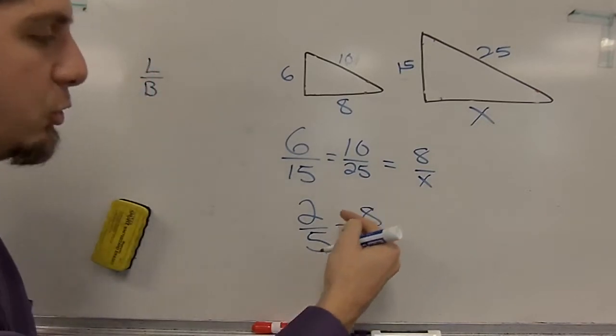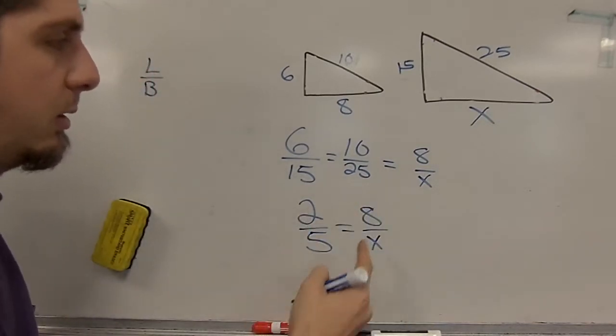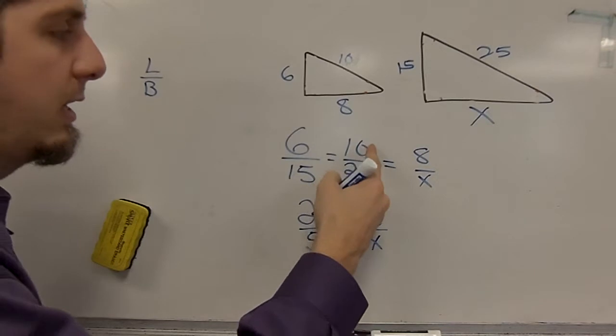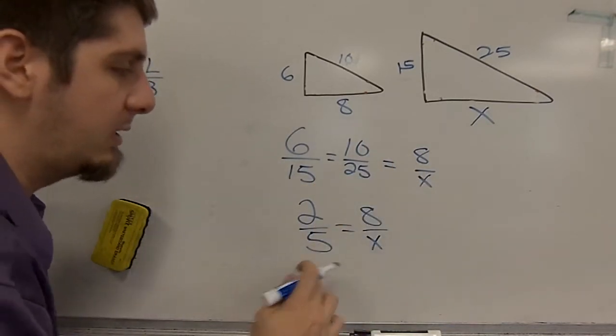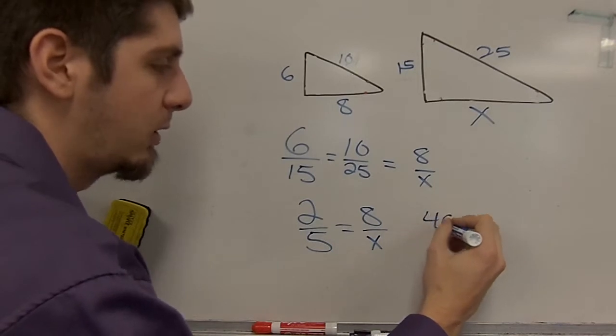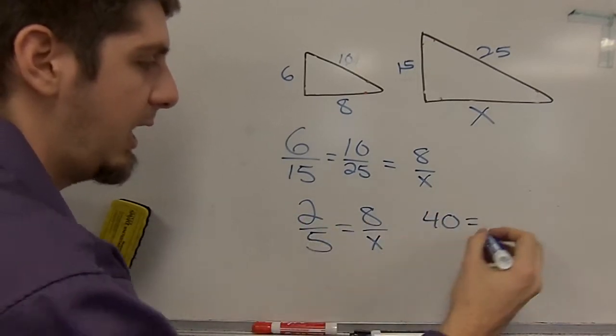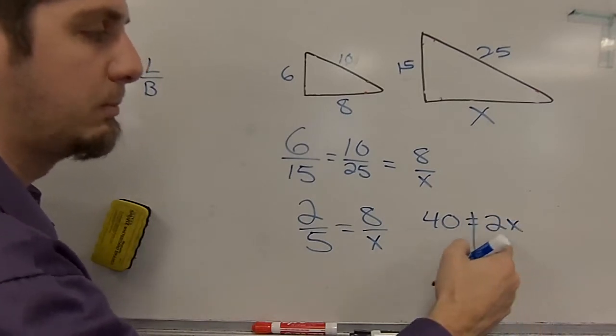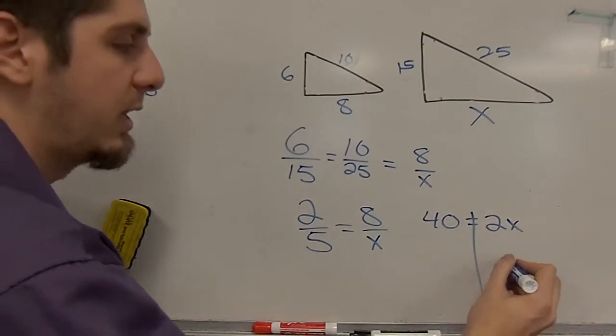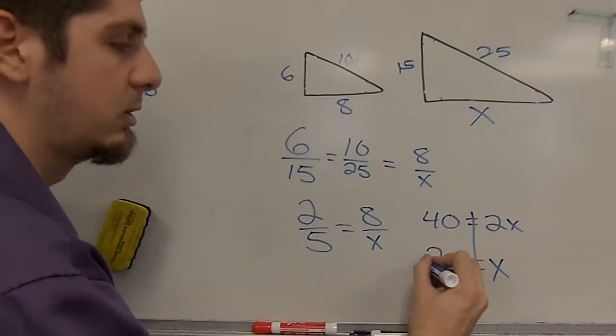So now I have much smaller numbers to work with. Before I had 8 times 25 and 10 times x, so my numbers were much bigger. Now I have 8 times 5, which is 40, and I know that's equal to 2 times x, which is 2x. Now I have a much simpler one-step equation to solve that will still get me the answer of x equals 20.